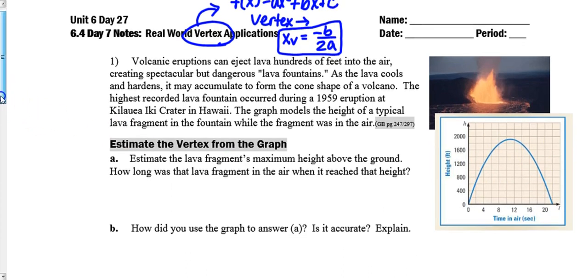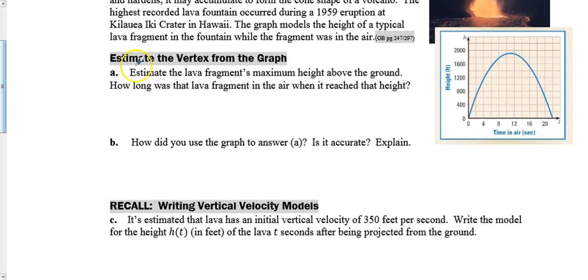So let's take a look at our first questions here. First, we're asked to estimate the vertex from the graph. It says, estimate the lava fragment's maximum height above the ground. Take a second and look at this graph, and please indicate where the maximum height is.